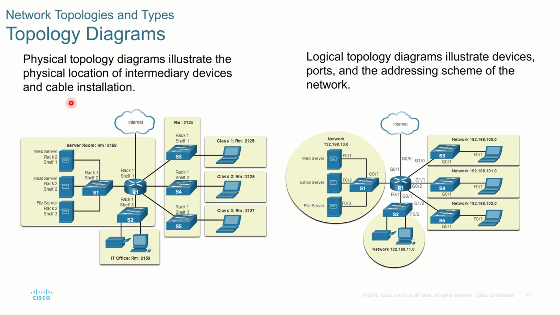Hence, the reason why you can see here when we draw the physical topology diagram, the arrangement of the diagram is based on the location of the networking devices and also the end devices. So in here, for example, we can see that server 1, 2, 3, web server, email server, and file server are located in the server room.